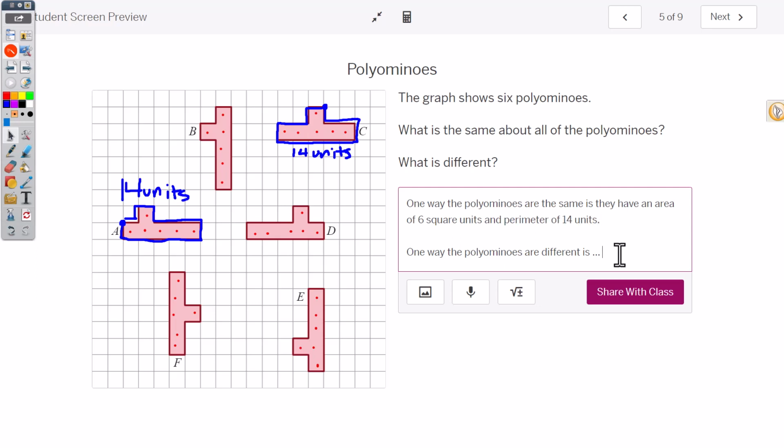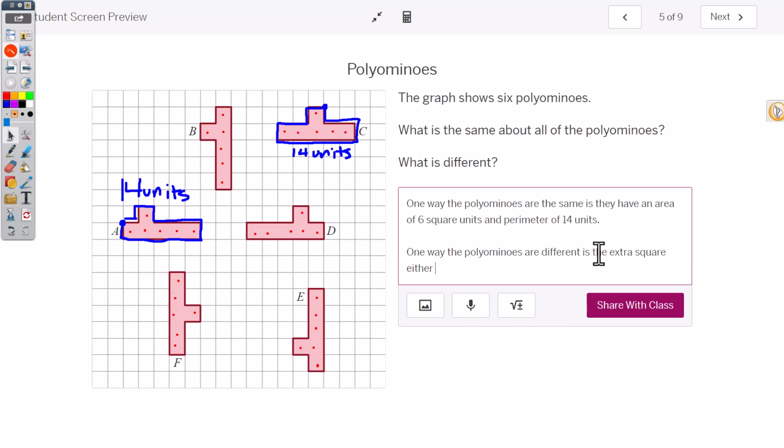But the polyominoes are different in that the extra square that comes off the side appears towards the edge of the long piece or in the middle of that long piece. You can see that figure A has that extra little square more to one side, where figure C has that extra little square more in the middle. So I don't think we can say they're the same, even though they have the same area and the same perimeter.